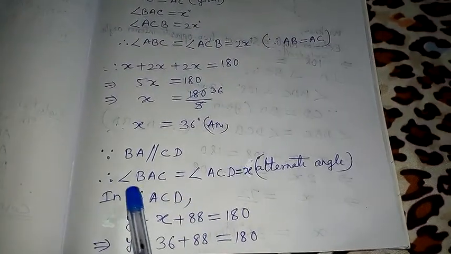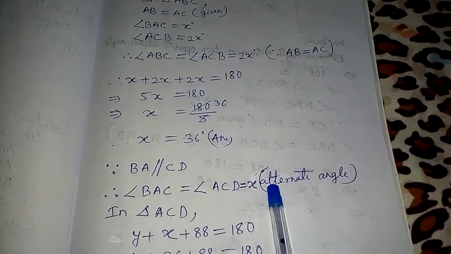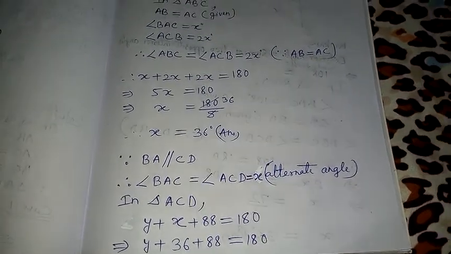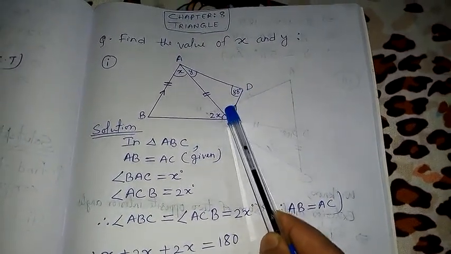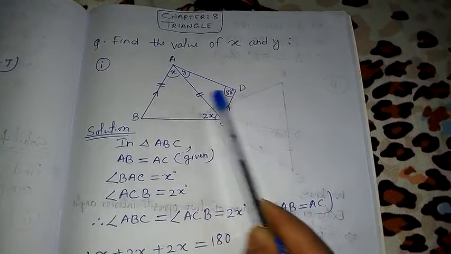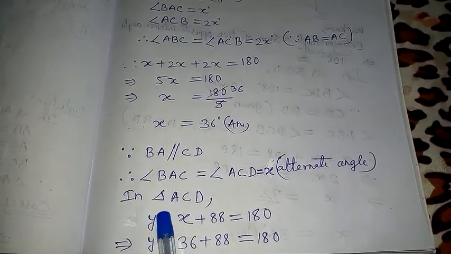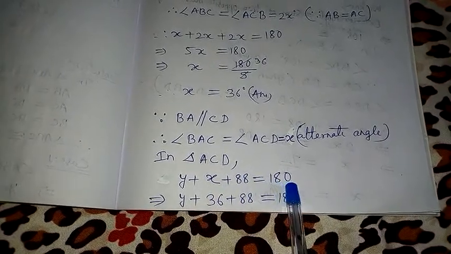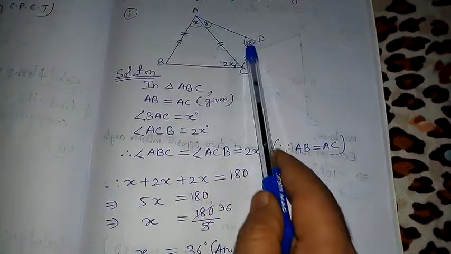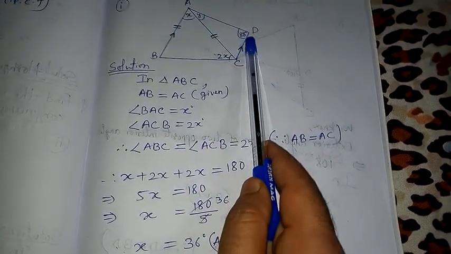Same thing I wrote here: angle BAC is equal to angle ACD is equal to x, and both are alternate angles. Now in triangle ACD, this is x degrees, this is y degrees, and this is 88 degrees.